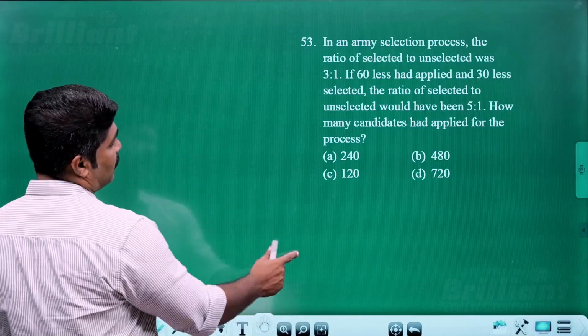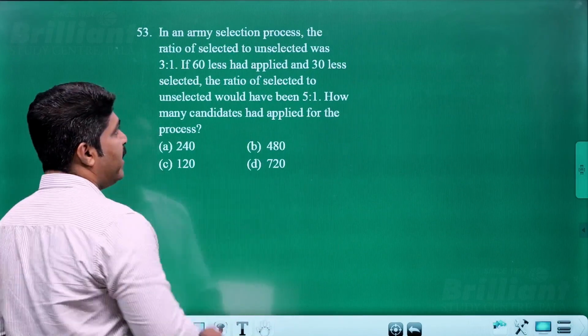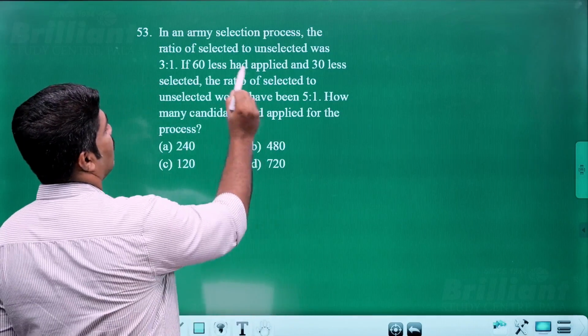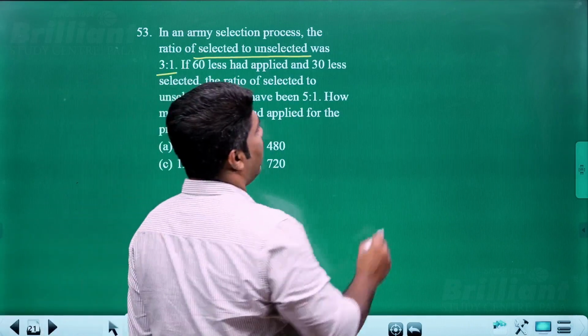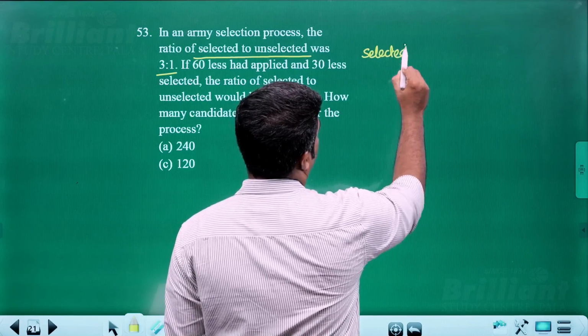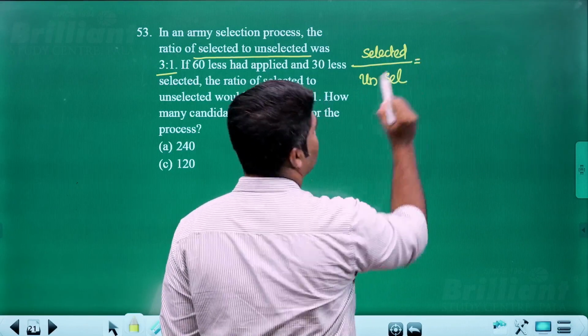Here, you have to understand the categorizations. A total number of candidates is given, and the selected and unselected are given. So first, you have to consider selected to unselected. The initial ratio is 3:1, so I'm writing here selected to unselected. Got it? Selected to unselected.